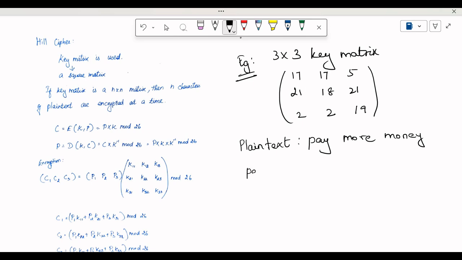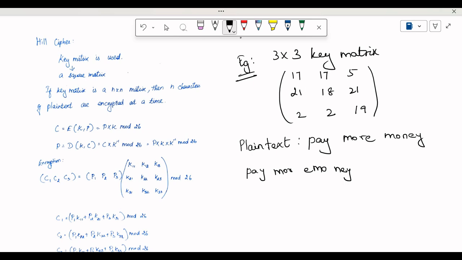So PAY is the first block, MOR is the next block, EMO is another block, and NEY. If the last block is not full, then I can go for fillers. Less frequently used characters are used as fillers.